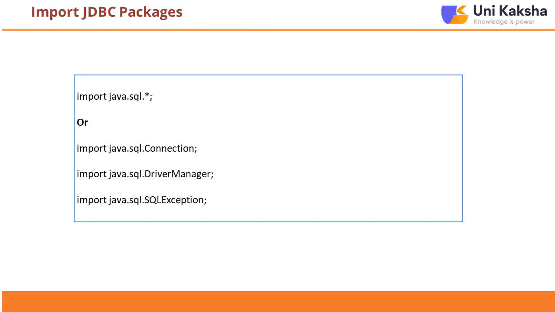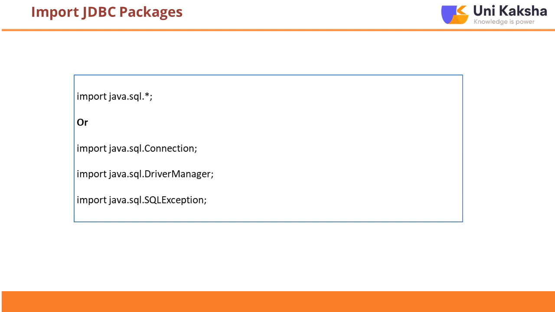Importing JDBC libraries means making the JDBC API classes immediately available to the application program. Depending on the application's requirement and the features being used, you need to import different JDBC packages. Here, two examples are given. In the first example, if you want to include all the SQL libraries with your Java application, then the first statement is used, that is import java.sql.*.